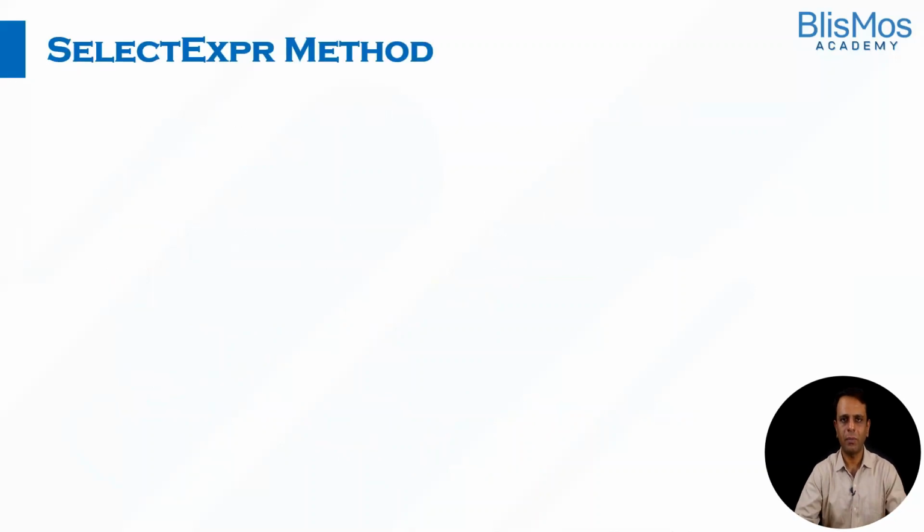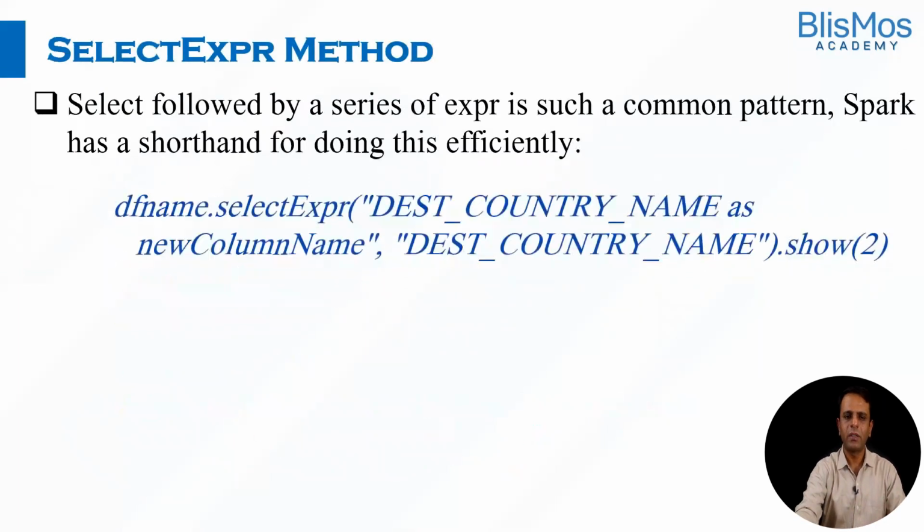Now that we understood the select method and also the expression method, as a part of Spark, combining them becomes a really wonderful use case. Spark's inventors combined select with the expression and came out with the selectExpr method.